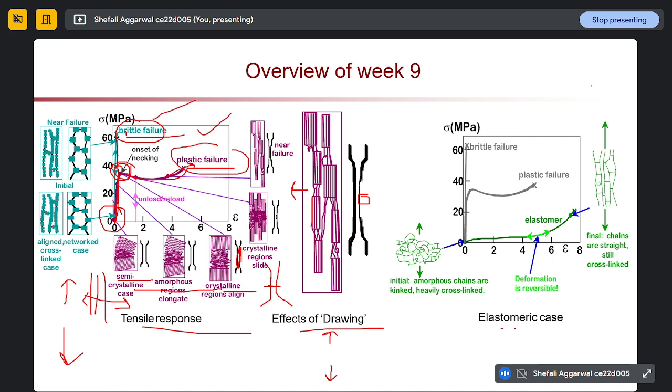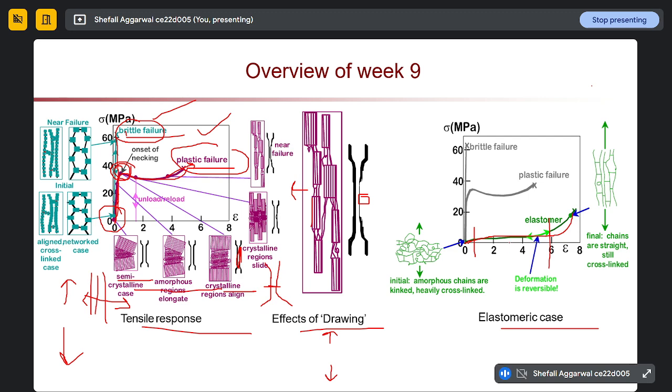Next thing is the elastomeric case. Elastomeric means within your elastic limit. When you are talking about elastomers, the stress strain curve of a normal elastomer is completely different as compared to your brittle or plastic failure. It will have a very low strength value. However, it will have a long elastic region in it.